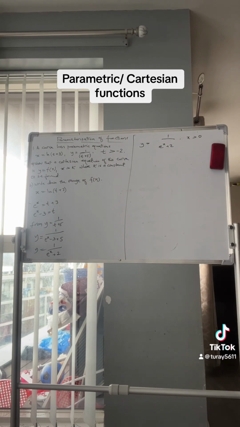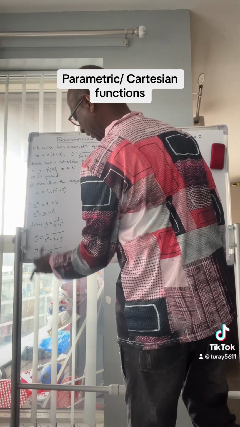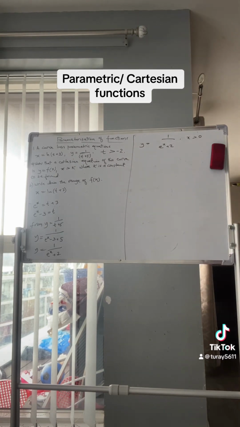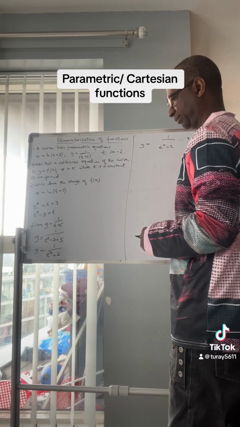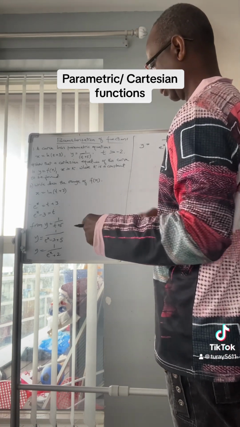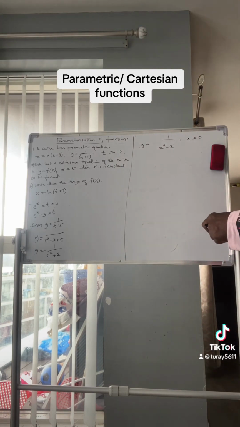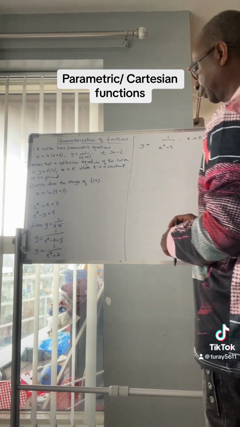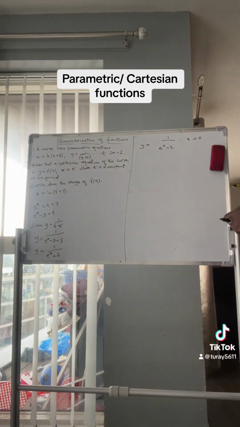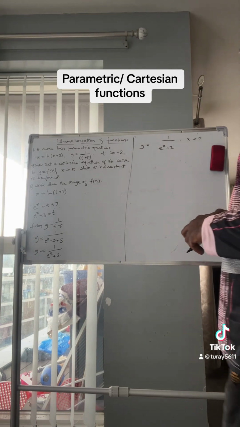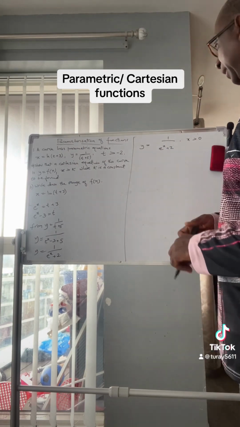So if x is 0, we're going to get e to the 0, which is 1 here.